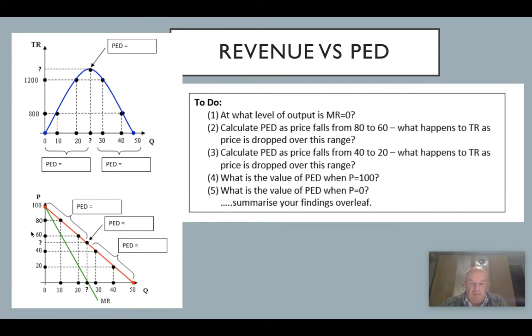First and foremost, I want you to take a look at the information you've been provided and have a go at answering those 5 questions. You might find some of them slightly tricky, but have a go yourself first. You might need to look at your price elasticity of demand notes, which I believe were in your CC3 booklet, to refresh your memory on how to calculate PED.